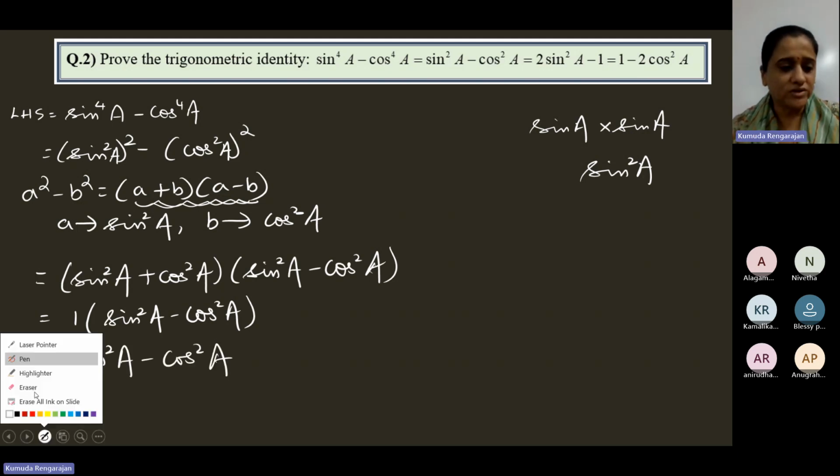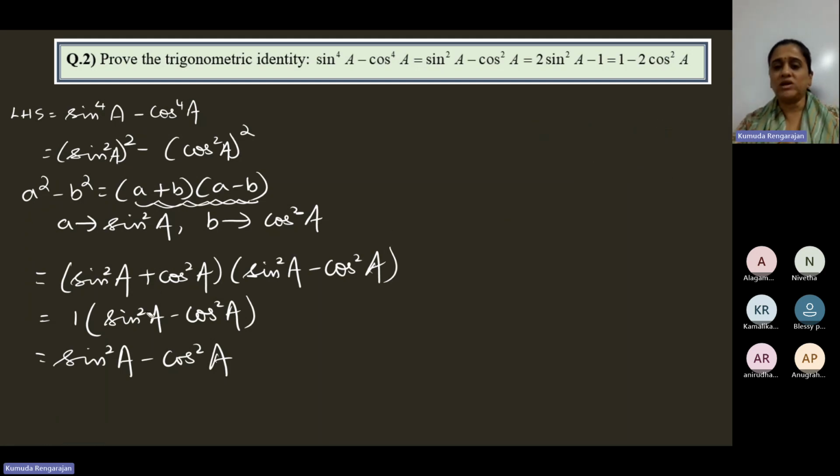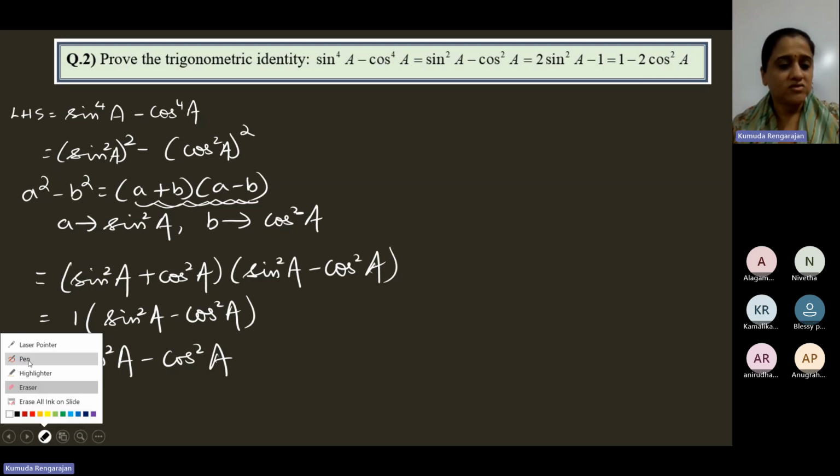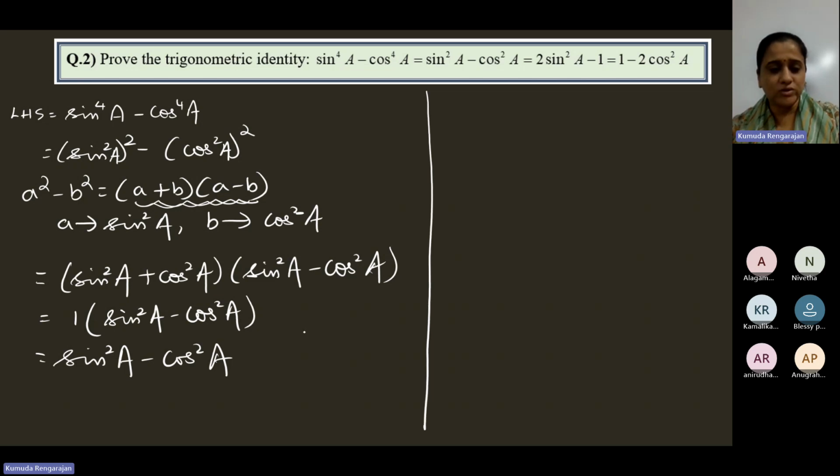So we need to continue with this. In the second one, we have only sine. It's 2 sine square A minus 1. That means cos is absent, so you need to replace it. When you look at the next expression, we have only sine. So how do you replace cos square A?